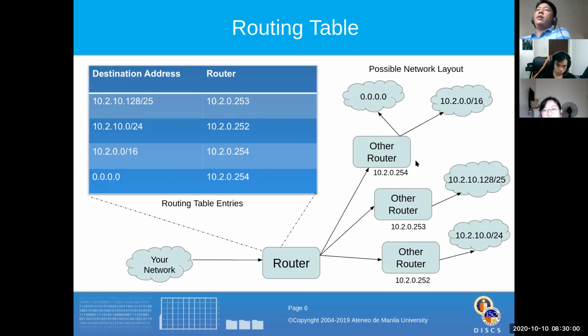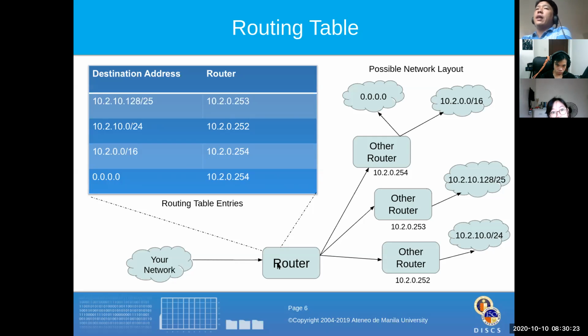So I can have 1, 2, 3, 4, 5 networks, and I have the default route, which is 0.0.0.0, which is like throw it to the internet. Or this can be individual networks as well if they are point to point, because the drawing is not very clear here. But the rest of the examples will be clear.